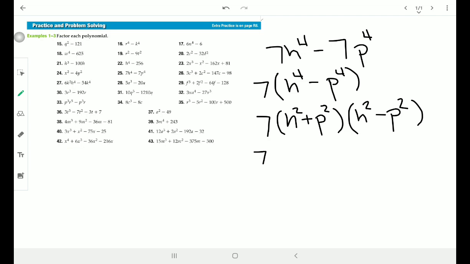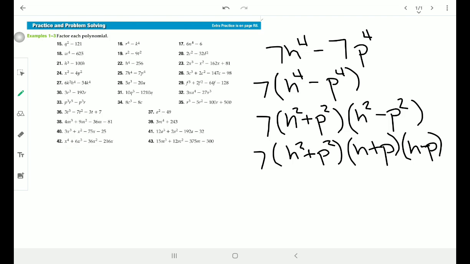We can factor h squared minus p squared as h plus p and h minus p, keeping h squared plus p squared.